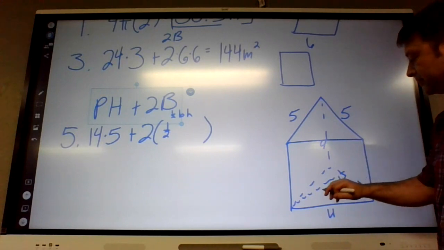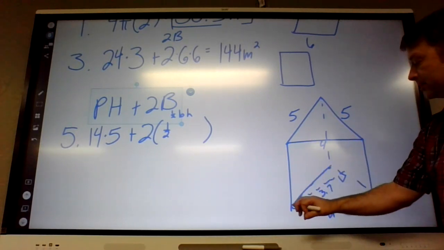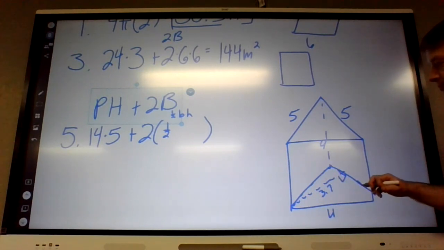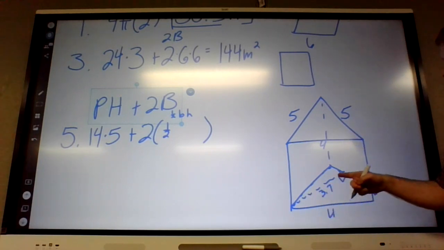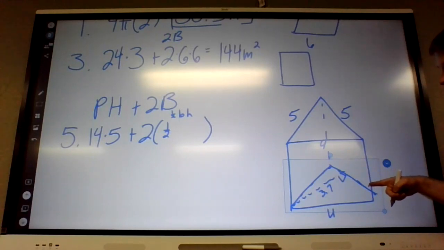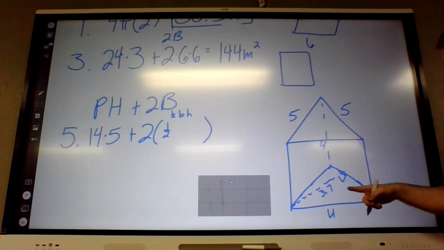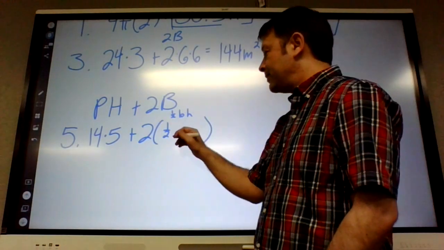They said it was a right angle. So if we use that as the height of the triangle, what is the base? This will be our base, right? How long is that? 5. So we're going to do 5 times 3.7 times 1/2, or divide by 2.